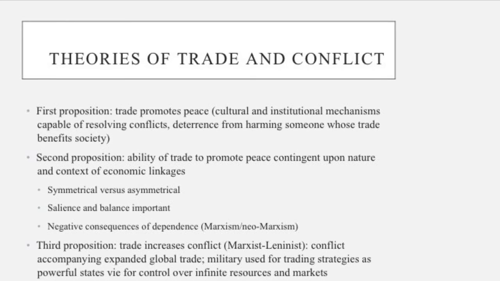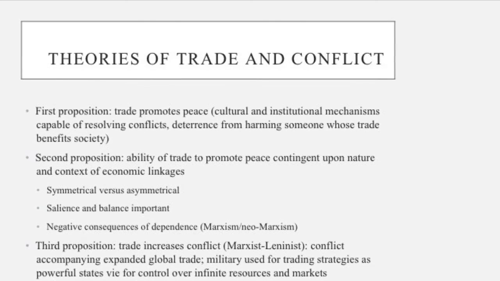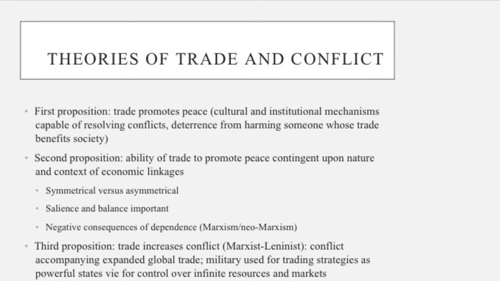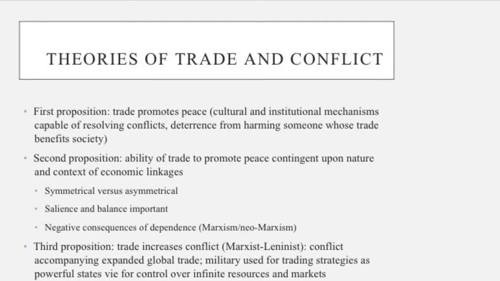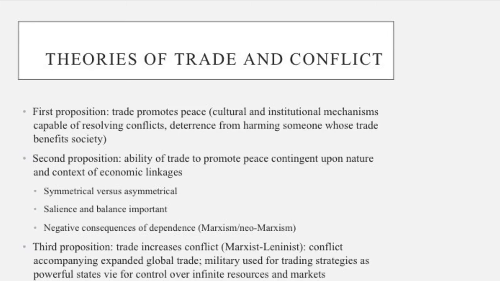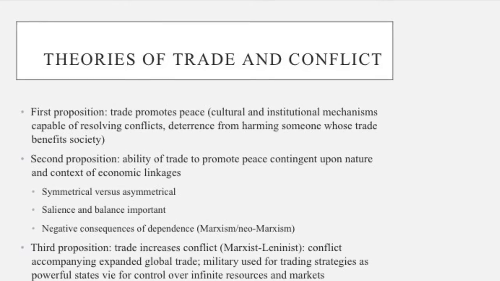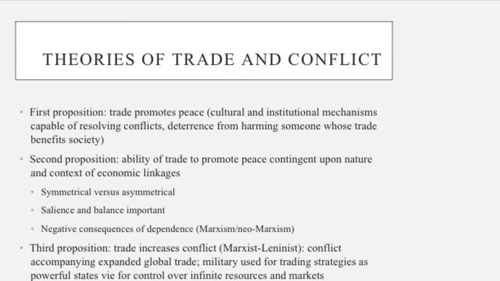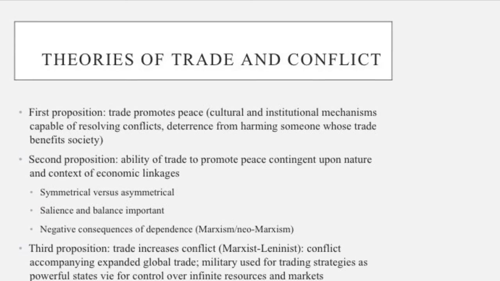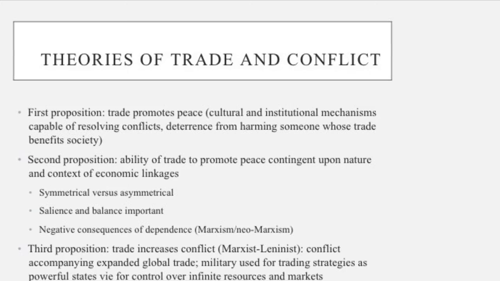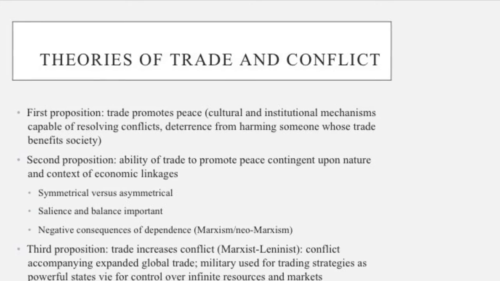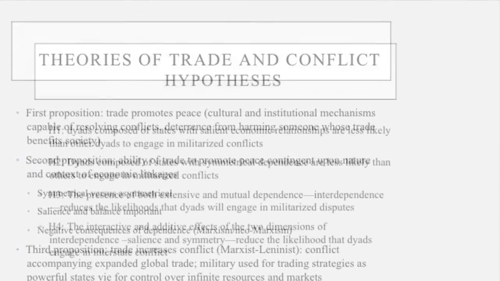And also, there is a reservation about some of the negative consequences of dependence that come from Marxist and neo-Marxist viewpoints. The third proposition is that trade could increase conflict. And the fourth is that trade is irrelevant to conflict.